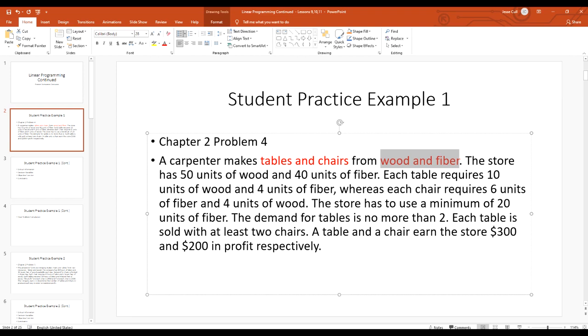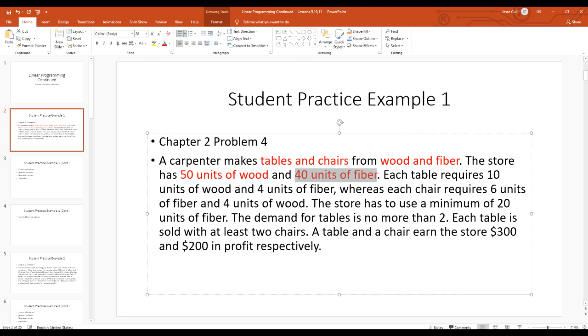The store has 50 units of wood and 40 units of fiber. These are essentially ingredients for tables and chairs. Because they are ingredients, we have a limited amount. Because we have a limited amount, they are most likely going to be our limitations.